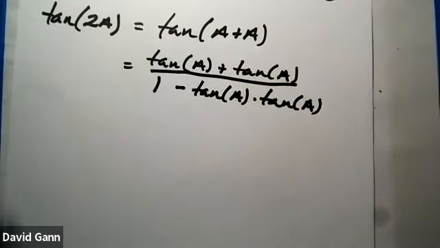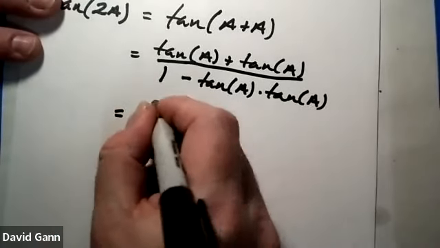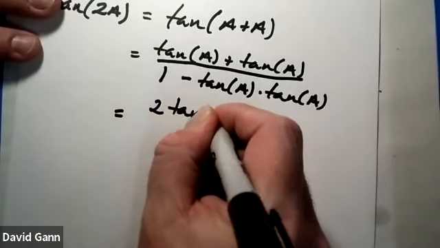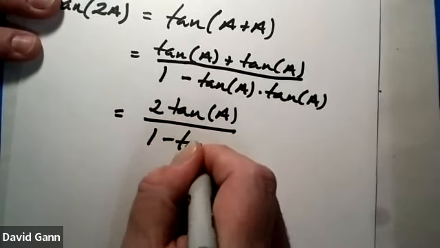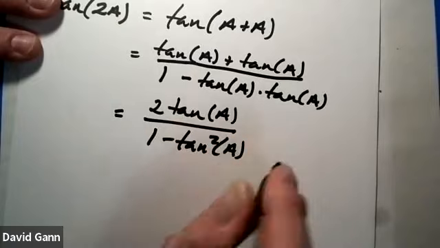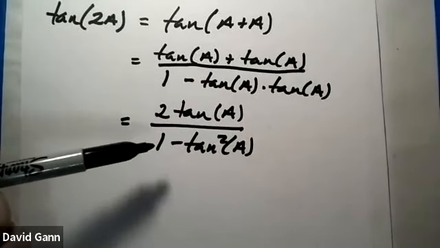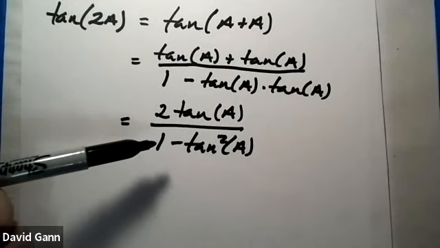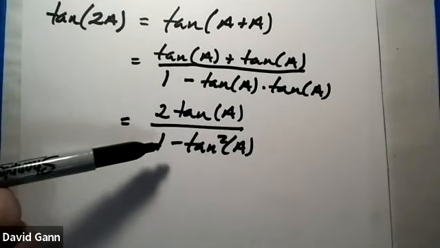And since A and B are equal, we're going to get a little bit of simplification. We end up with 2 tangent of A all over 1 minus tangent squared of A. Now there's a real desire to turn that into a secant or something, and it simply doesn't make it cleaner.